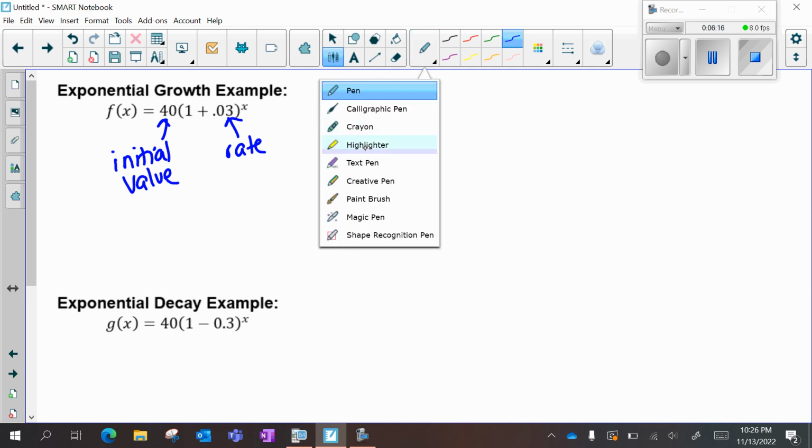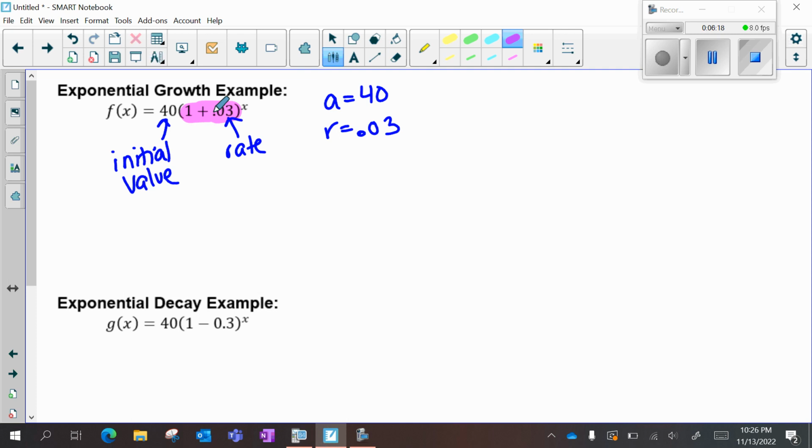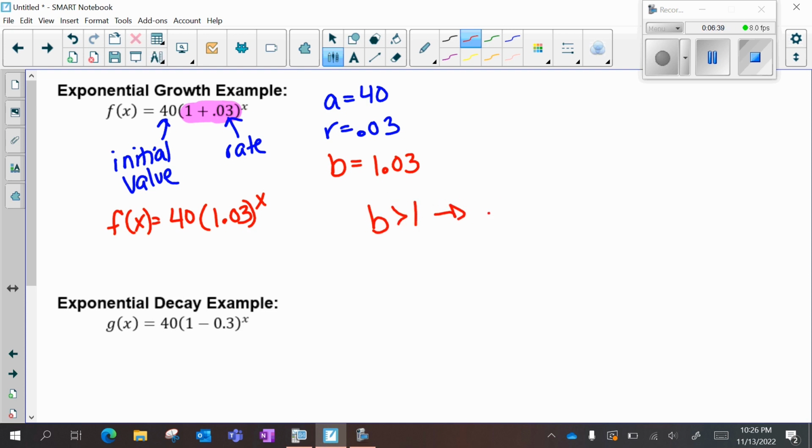If I were to combine this together, I would get 40 times 1.03 to the x. And in that case, my factor, sorry, would be 1.03. Notice how B is larger than 1, so it's growth. And there's a plus, so that tells me it's growth.